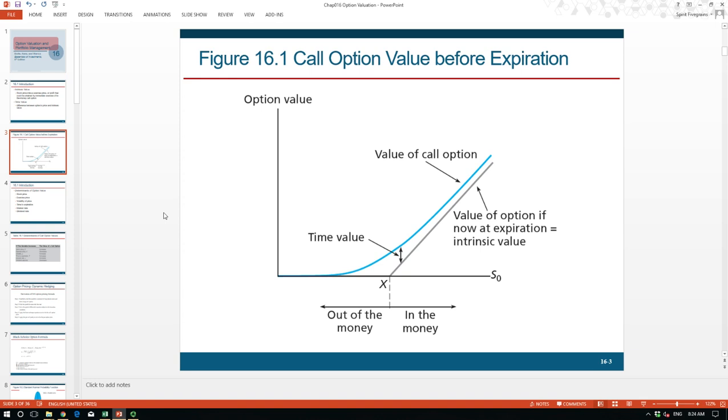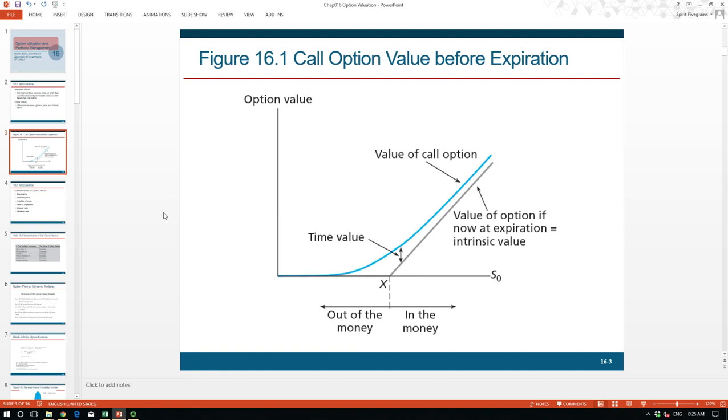Right? And the option price is always higher than this intrinsic value. As you see, the option price is represented by this blue curve above the intrinsic value, and the difference here is the time value. Let's say the option right now is out of the money. The intrinsic value is equal to 0.